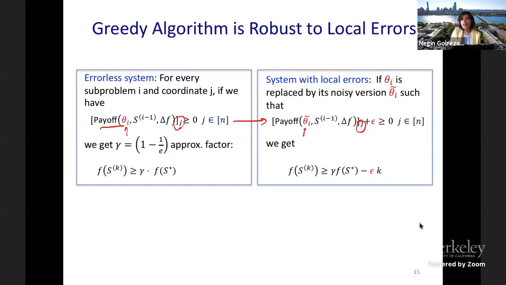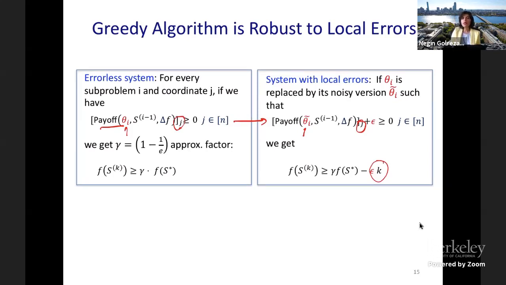If I guarantee that, then the solution that the greedy algorithm returns is not going to be too far from the gamma approximation. It's only going to be epsilon times k away from the gamma approximation, which is a great thing.